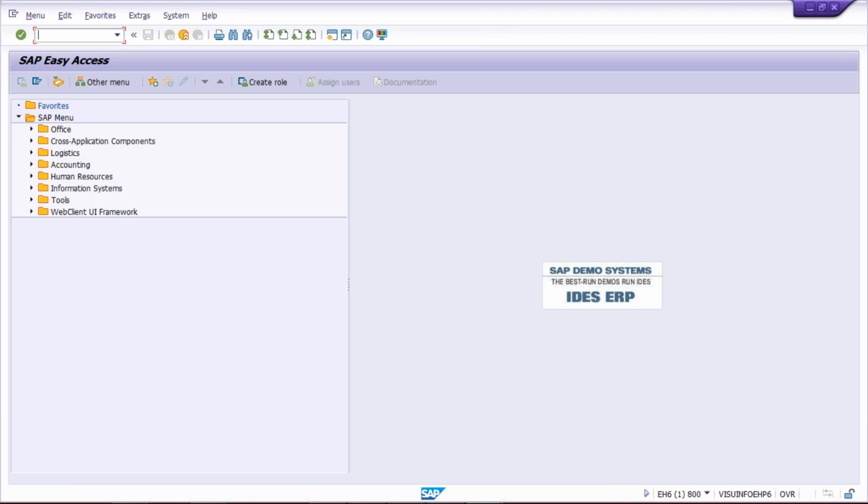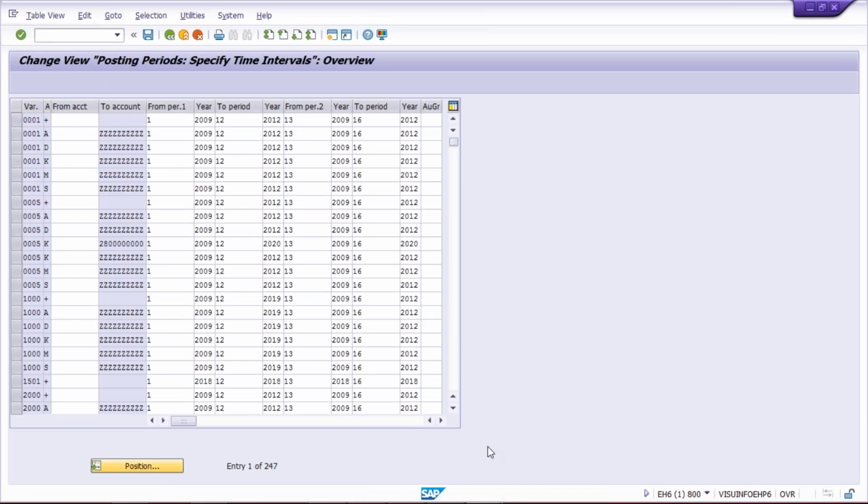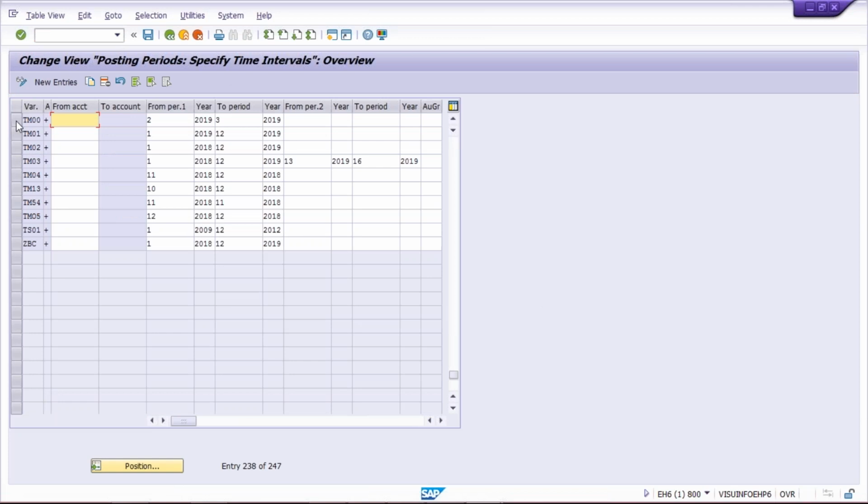Now, once again, we are going to use OB52. Then here, click on position, and TM00 is our posting period variant. So what I said, here we are going to open this February period 2019 and February period 2019.